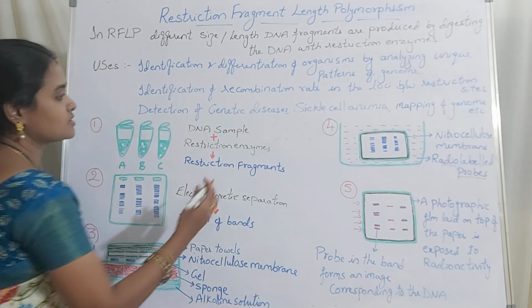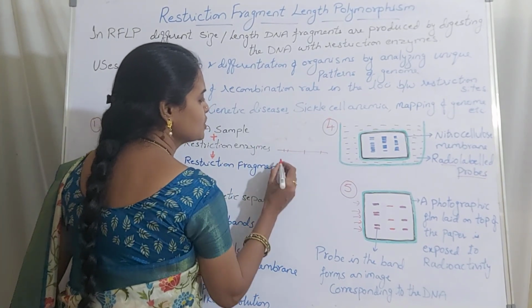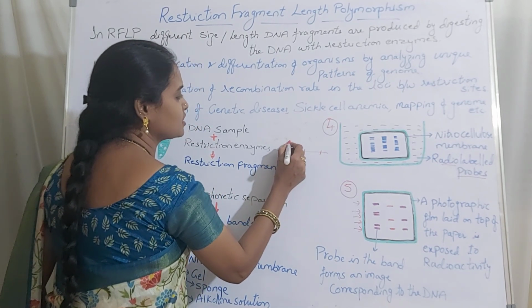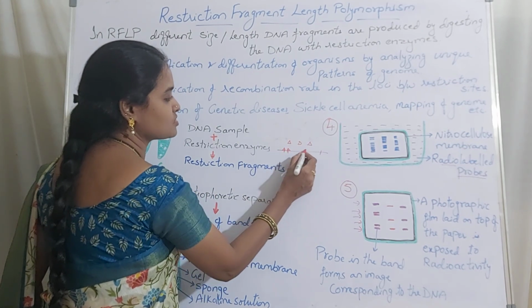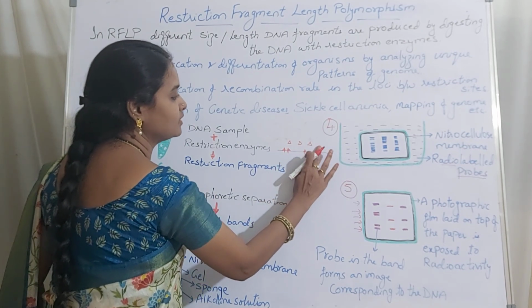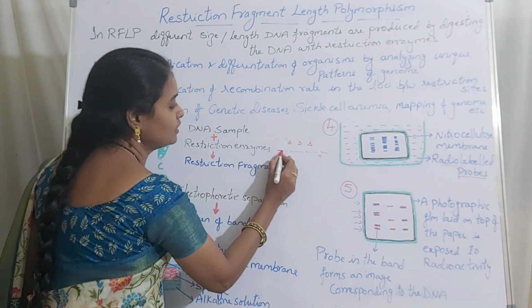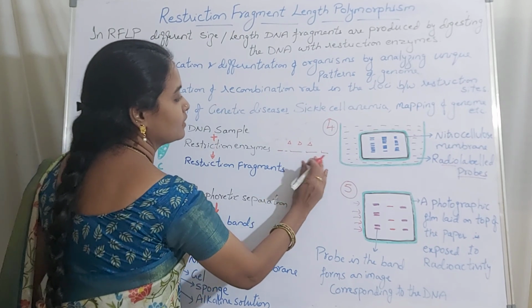The size of the fragments is differing. If I am adding the restriction enzymes, what happens? They go and bind at those particular restriction sites and cut the DNA, right? When they cut the DNA, here we get different sized fragments, right?